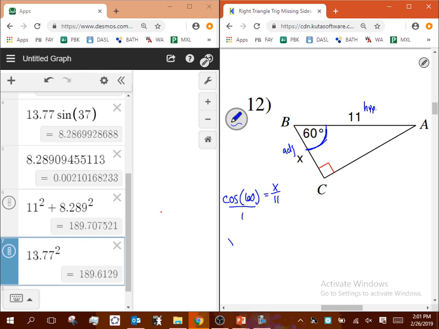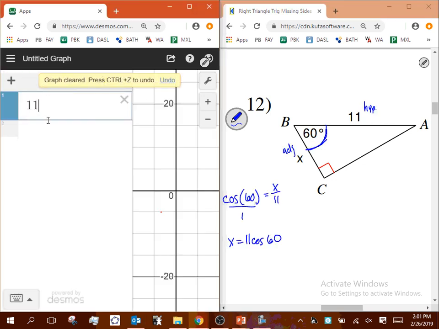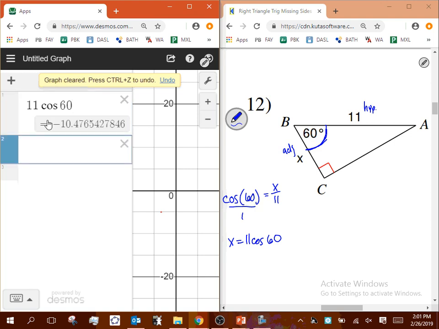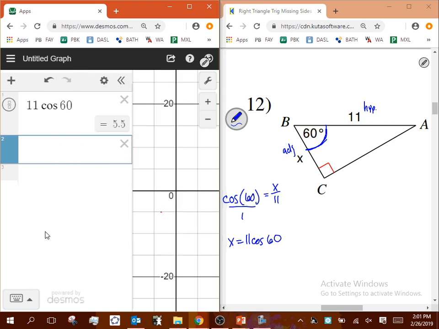Cross multiply, I get X equals 11 cosine of 60. Type that in, and what do we get? When I delete my stuff, it goes back to the radians. So 5.5, right? Okay, so 5.5 is that length using SOHCAHTOA.